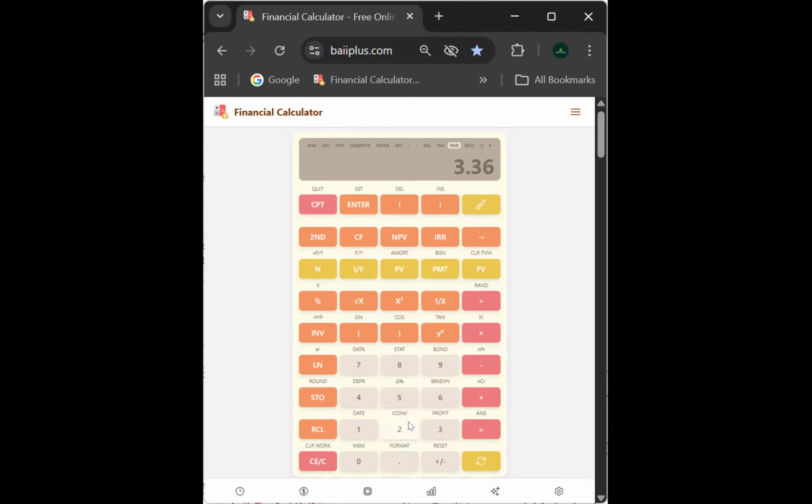One more time, I'm going to divide it by 1.06. This gives me the value for the fourth year, 3.17.